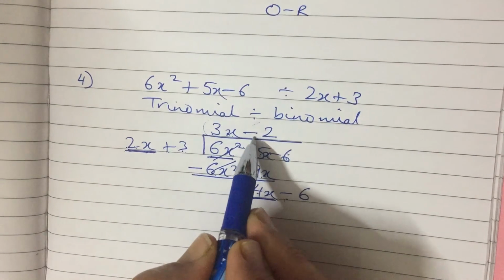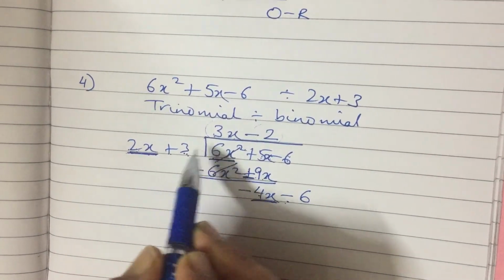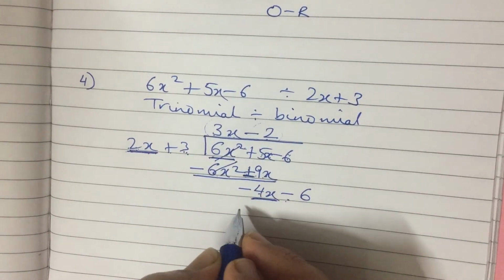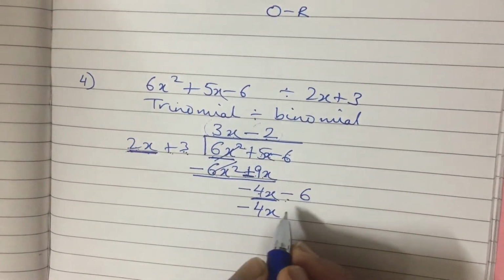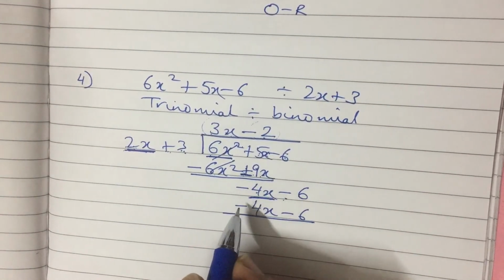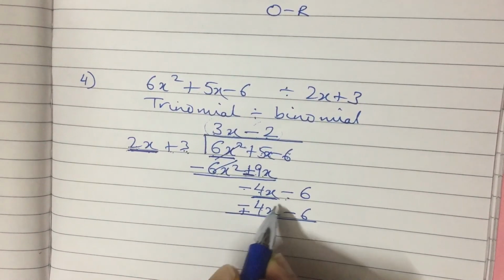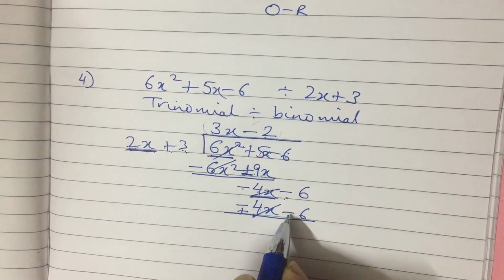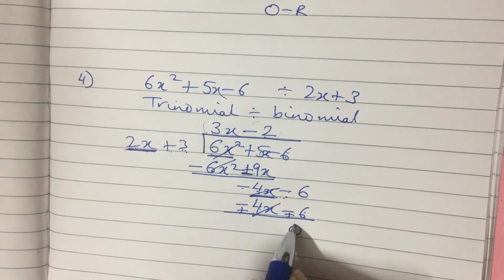Now you just have to multiply with minus 2. Binomial has to be multiplied. Minus 2 into a 2x is a minus 4x. A minus 2 into a plus 3 is a minus 6. Now since in the vertical method signs change, this becomes a plus. This is a minus 4x plus 4x cancels out. This was a minus, it becomes a plus. Minus 6 plus 6 is again a 0.